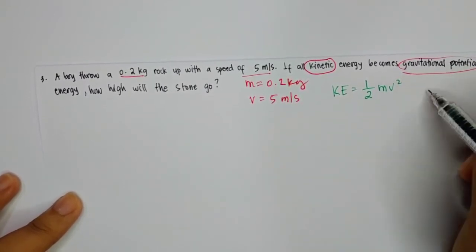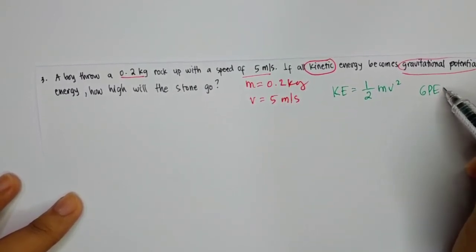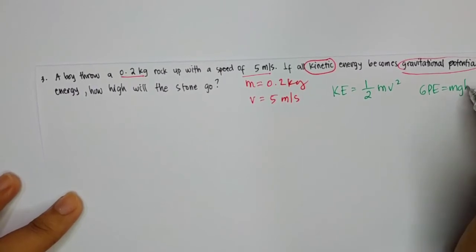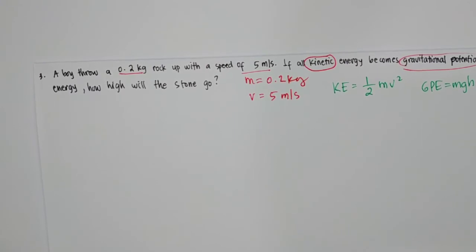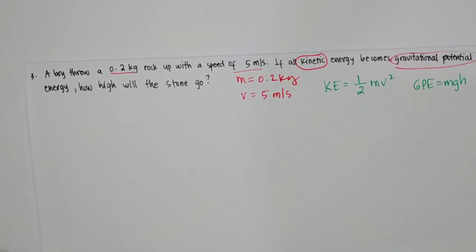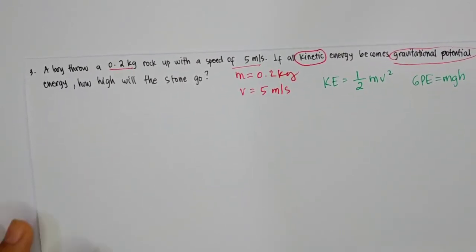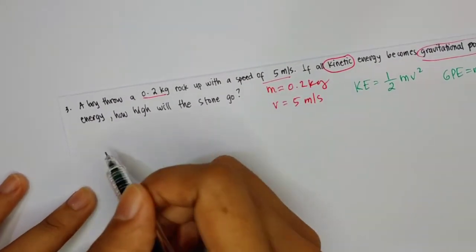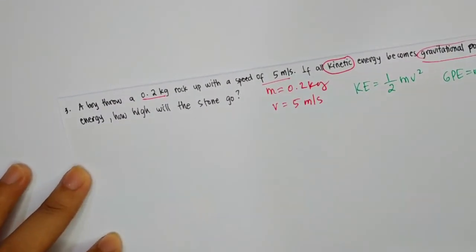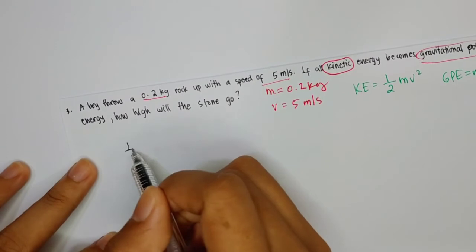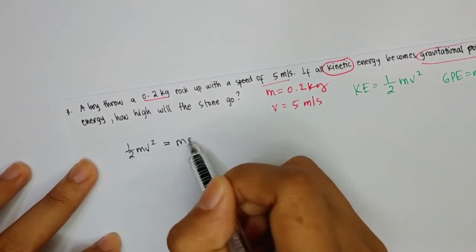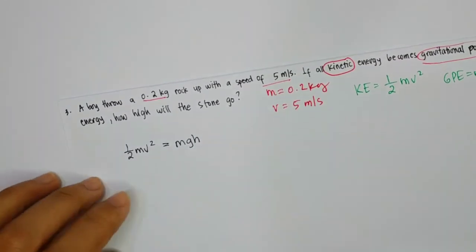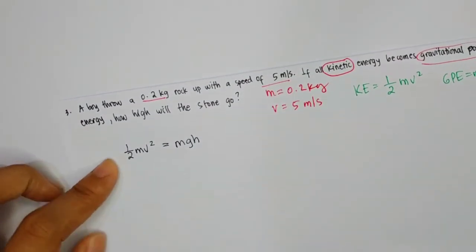Then our GPE is mgh. Since these two should be equal, because energy is neither created nor destroyed, we assume that 1/2 mv squared is equal to mgh. This is where we will base our solution.